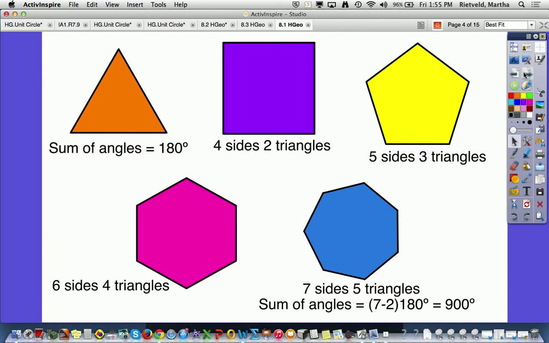If I take a four-sided polygon and divide it into triangles, you'll see that we can make two triangles from one vertex by drawing in a diagonal. When you divide up your polygon into triangles, you never want your diagonals to cross. So you're only making diagonals from one vertex. And then knowing that each triangle sum is 180 degrees, you can find the sum of a four-sided polygon by taking 2 times 180.